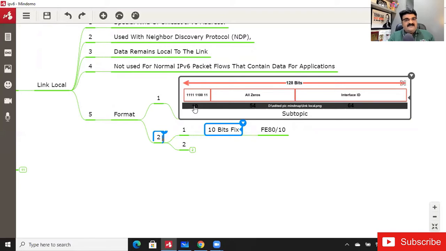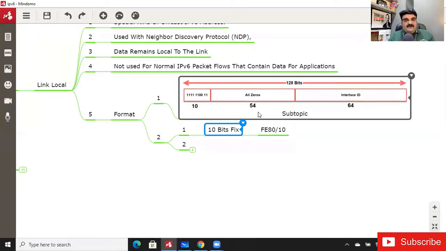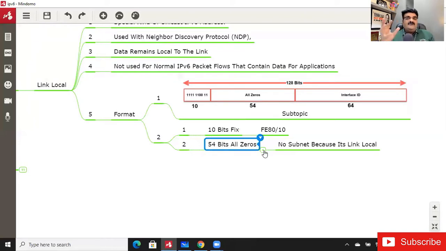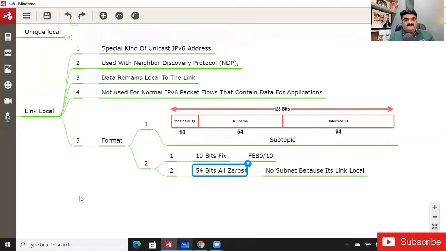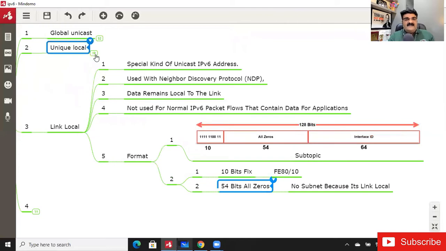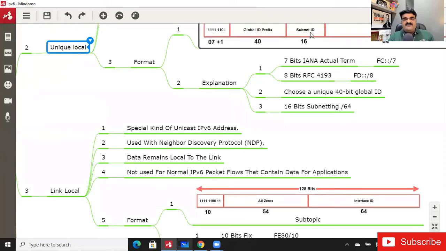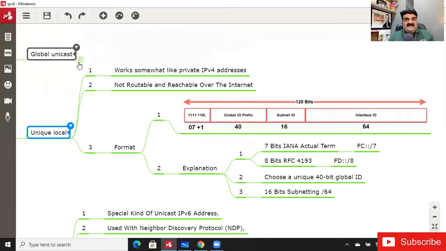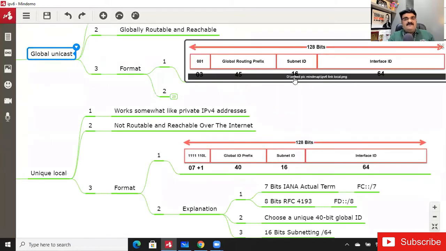Now the first 10 bits are fixed, and the remaining 54 bits are always zeros. So it is fixed, and there is no subnet. For unique local, we consider 16 bits for the subnet. Same way for global unicast, like a live IP, we have 16 bits for the subnet.